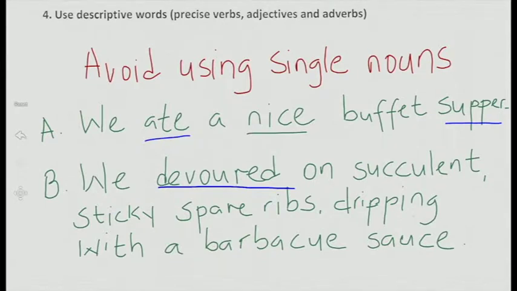And then again, you give us the specific details of the supper. So they were succulent, not nice, and they were sticky. This permits the reader to imagine that. This is the important thing, because you have been able to paint a clear picture to the reader of what is to be said.